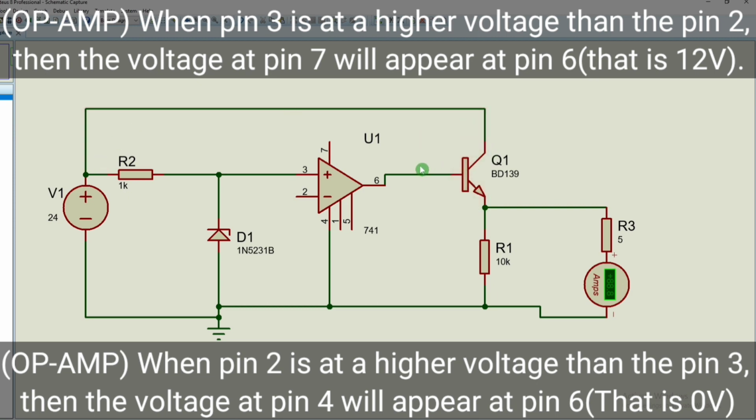So if I apply 5 volt over here, it will conduct and short this terminal, and the voltage should increase from 0 to 24. But the moment it crosses 5.1, this connection should be cut off so that it does not increase further.